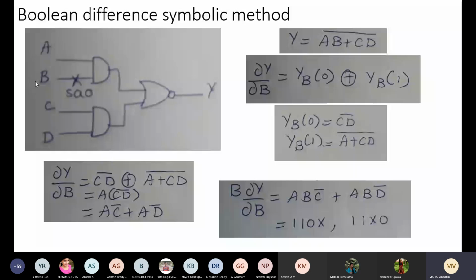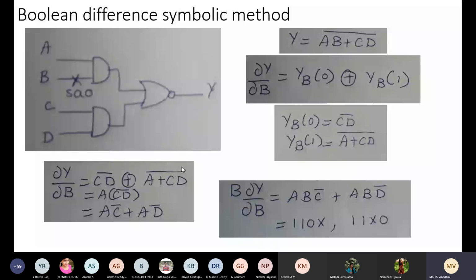So already I got AC bar plus AD bar. To that I need to multiply B. So A, B, C bar. When you write this, always write it in order, because A, B, C, D. So don't write A, C bar, B. Write it in order. So A, B, C bar plus A, B, D bar, because I'm multiplying with B since the fault is stuck at 0.